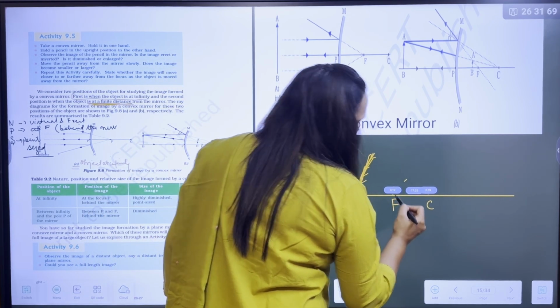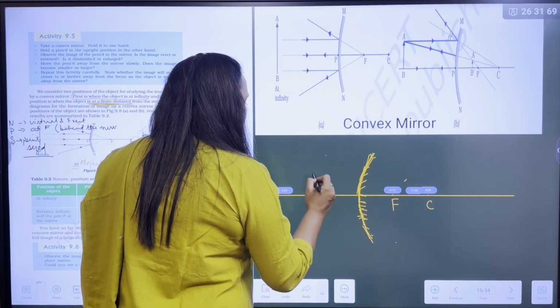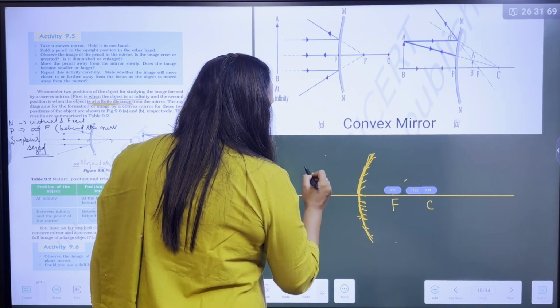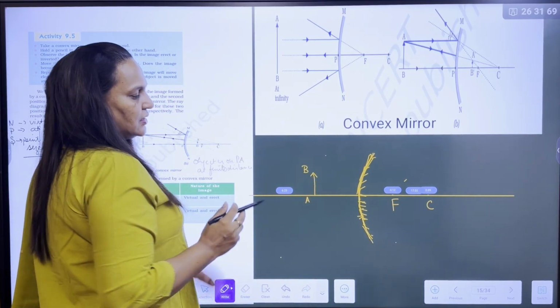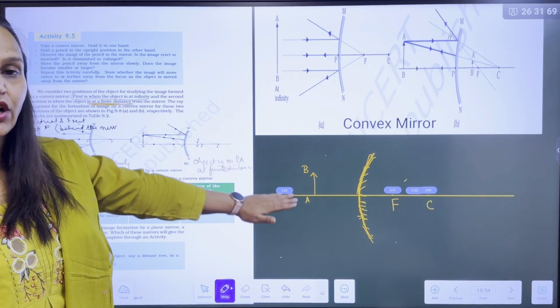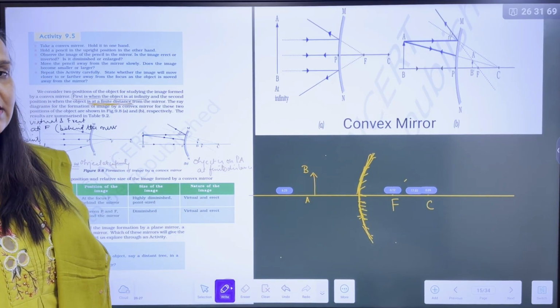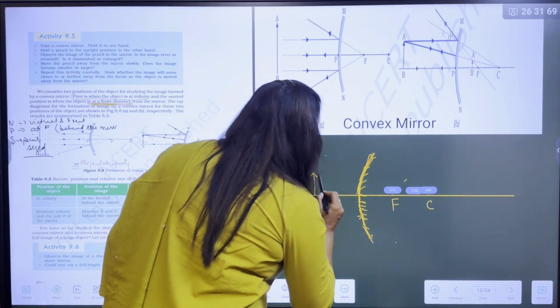This is the focus, this is C. This is the object AB. This is the second ray diagram when the object is lying at infinite distance on the principal axis.